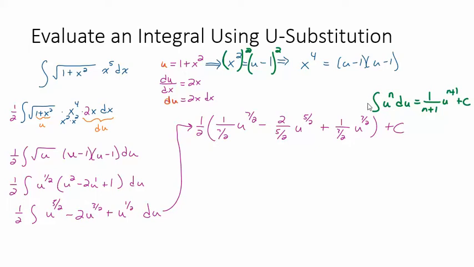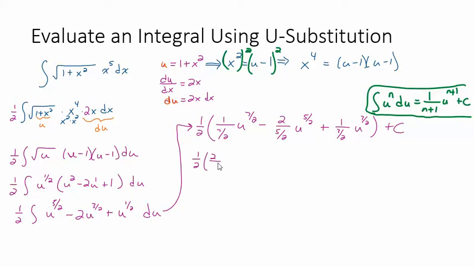Okay, so let's make sure this is out of the way here. This is alright, so now we just need to clean this up a little bit with our fractions. When we're dividing by a fraction, that's the same as multiplying by the reciprocal.